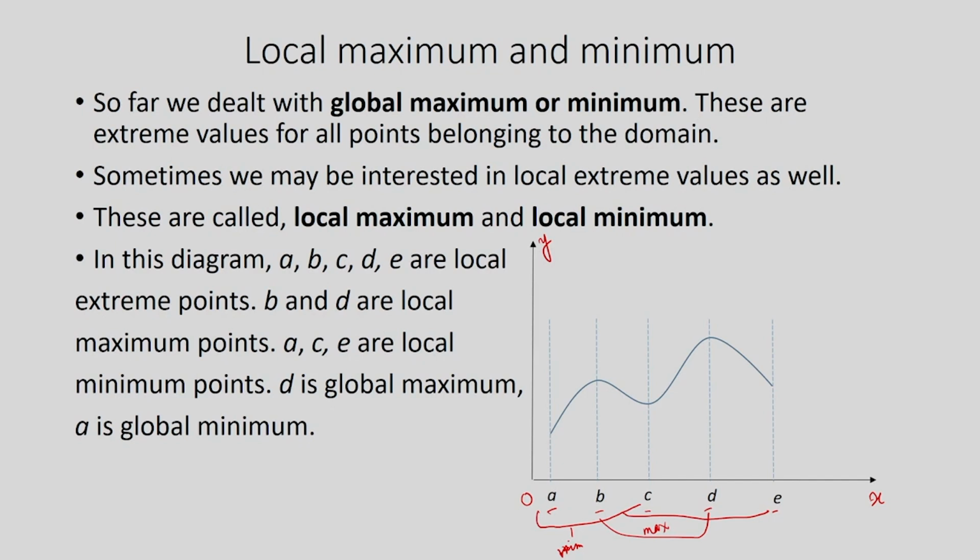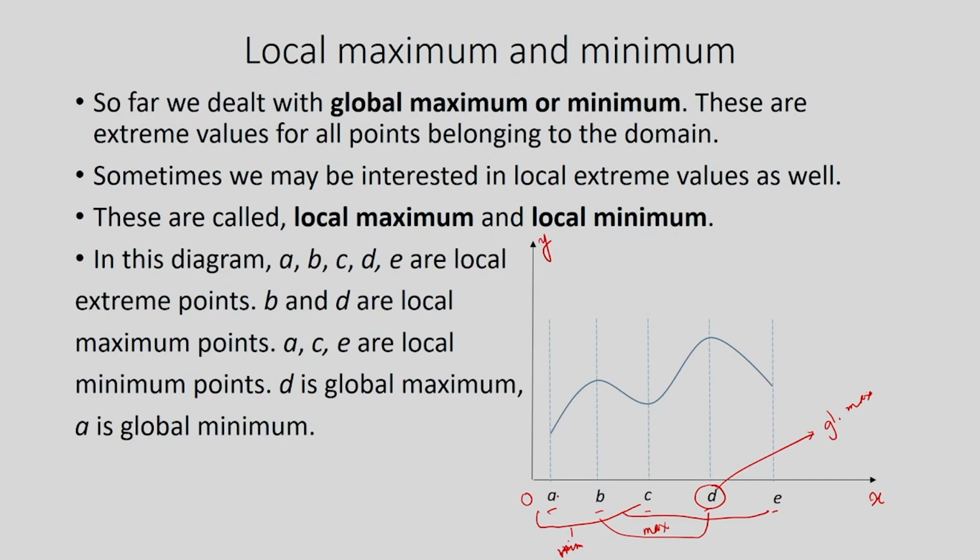So, this is how global and local are different. These two, B and D, are the local maximum points, but out of these two local maxima, there is only one global maximum, which is D. So, D is the global maximum, because between B and D, at D you have a higher value of the function.